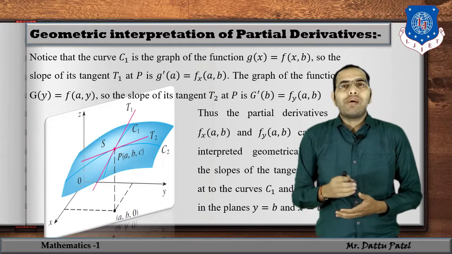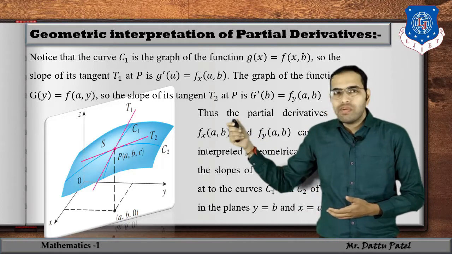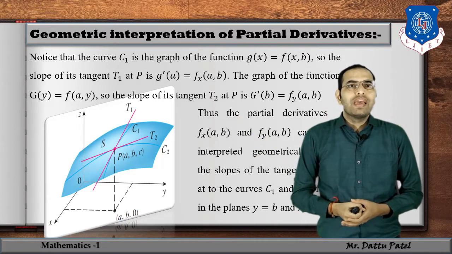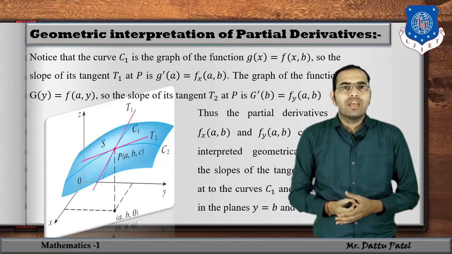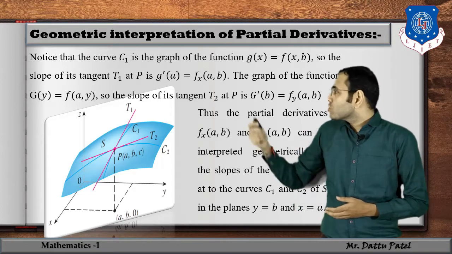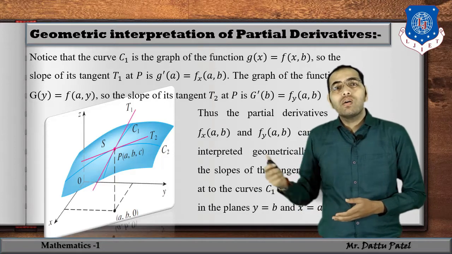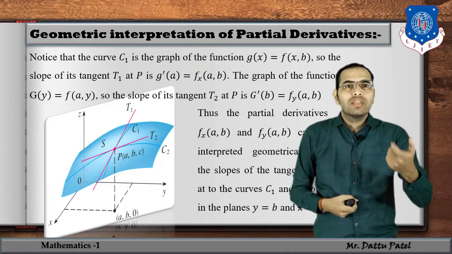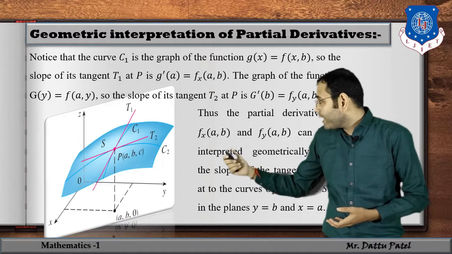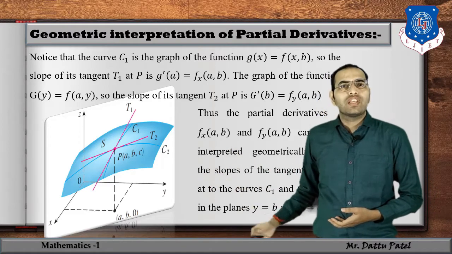That means the partial derivatives f x of a, b and f y of a, b can be interpreted geometrically as the slopes of the tangent lines to the curves C1 and C2 of the surface in the planes y equal to b and x equal to a.